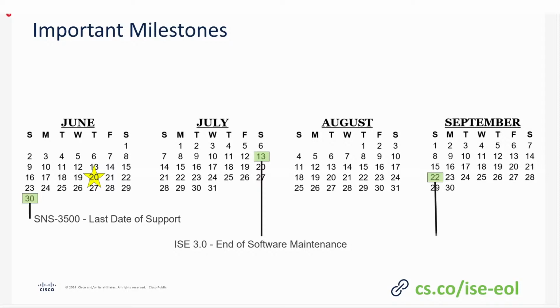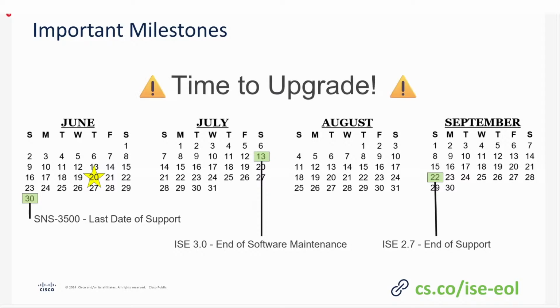And then last day of summer for the Northern Hemisphere is September 22nd, and that's when ISE 2.7 reaches end of support. So that's anything that has to do with 2.7, there's no support whatsoever once that date hits. So if you are running on any one of these three items, just remember that it's now time to upgrade whatever you have. Okay.